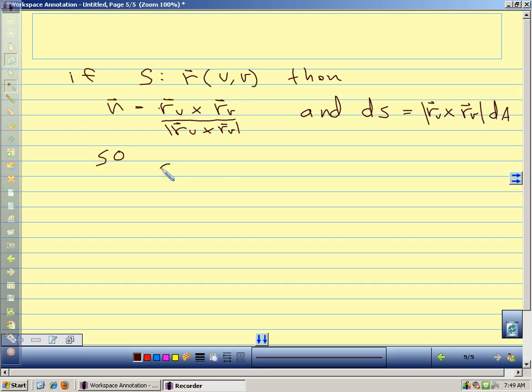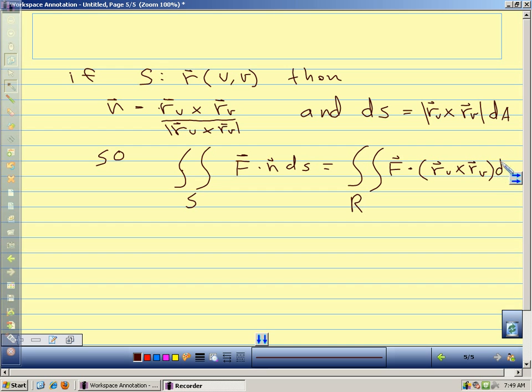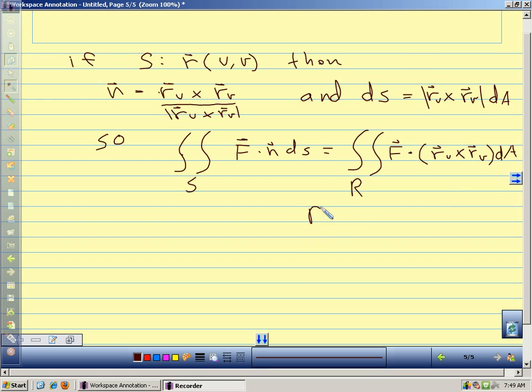And our surface integral, our flux integral, of F dot n dS equals the integral over the region in the uv plane of F dot this cross product. And here R is the region in the uv plane.